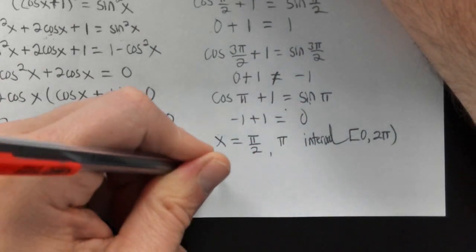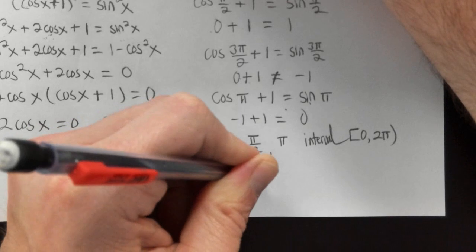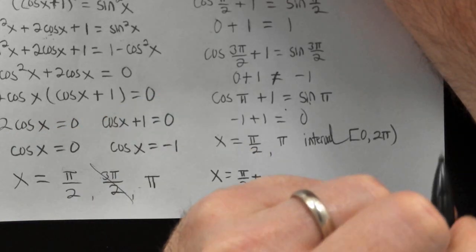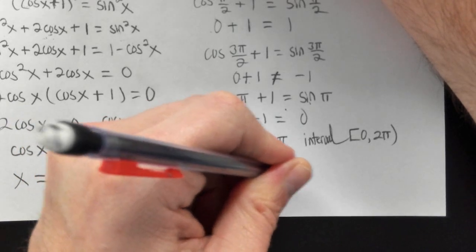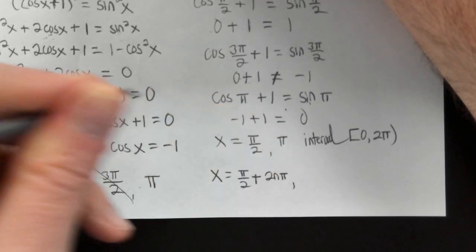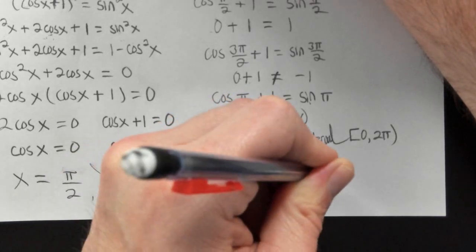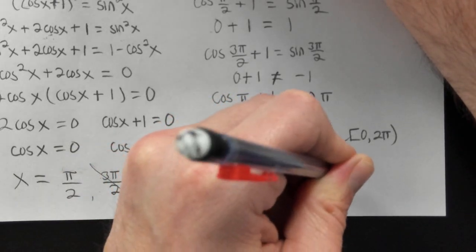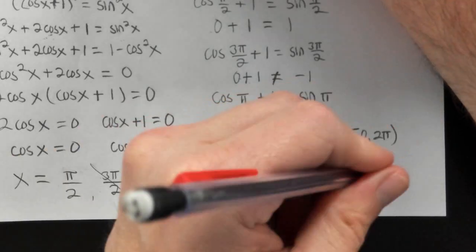And I can say that x equals pi over 2 plus, since we got cosine, the period is 2 pi, so it'd be 2 n pi, and pi plus 2 n pi. Those will end up being my general solutions.